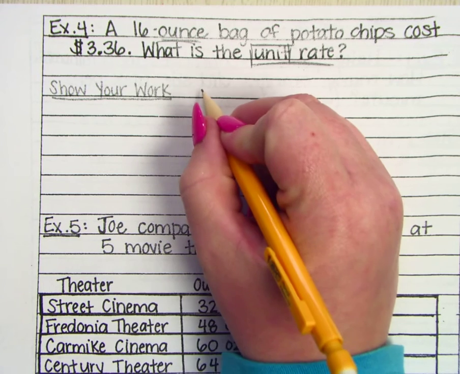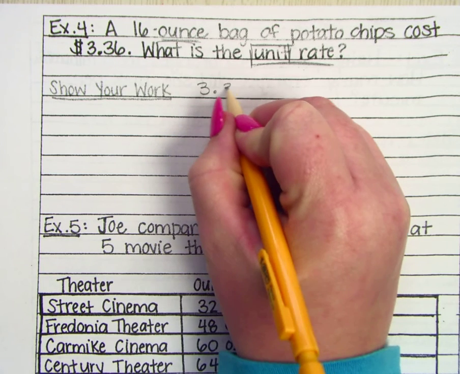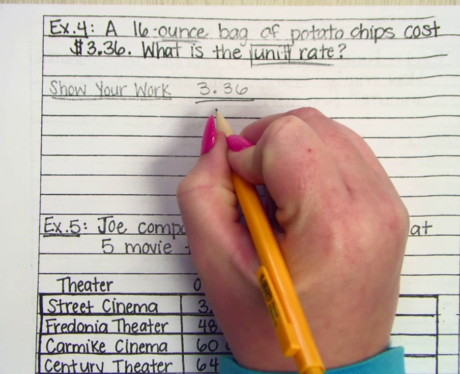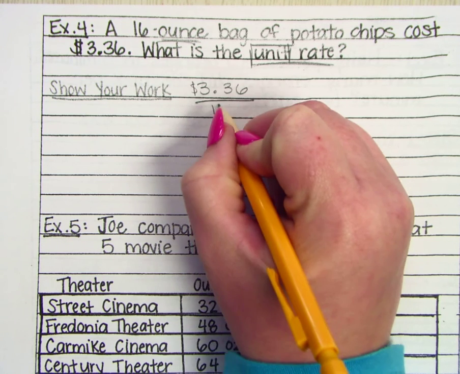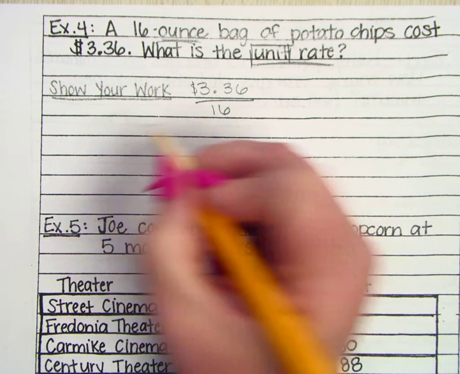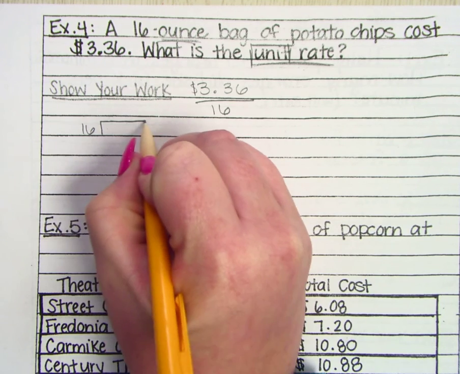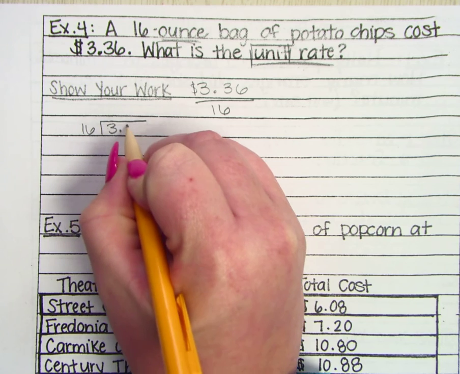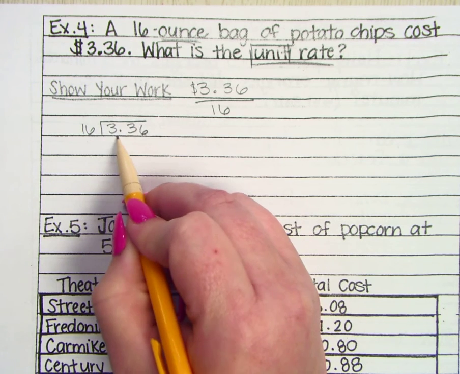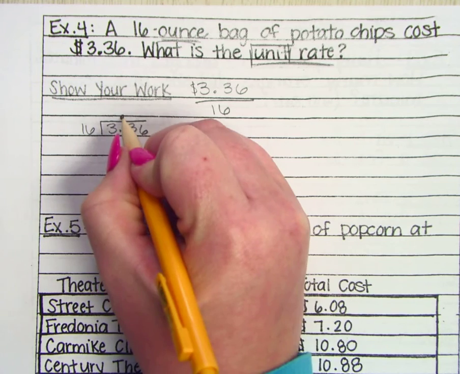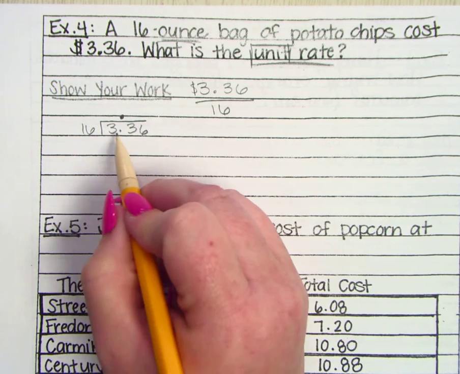We've got $3.36 for 16 ounces. We do it the same way. We divide 16 into $3.36. 16 won't go into 3. Remember, when we divide decimals, we take that decimal right up here, and then we just kind of forget about it for a second.